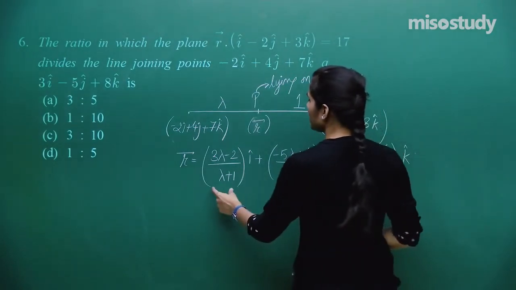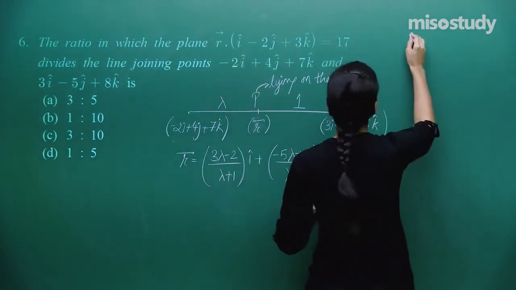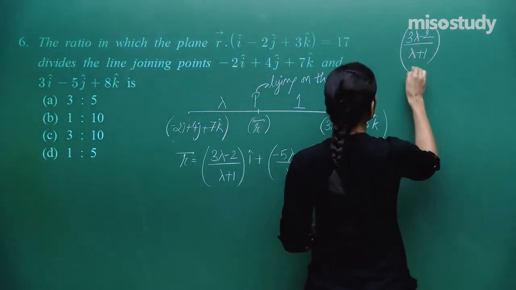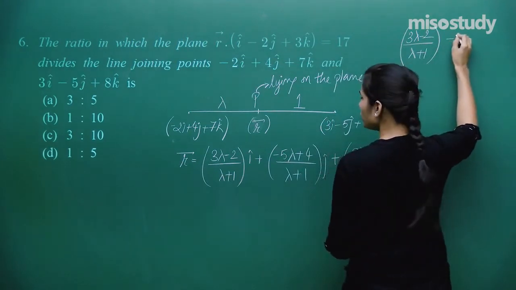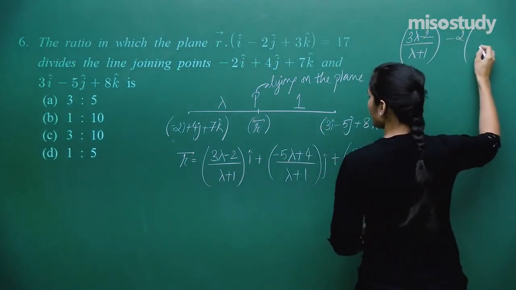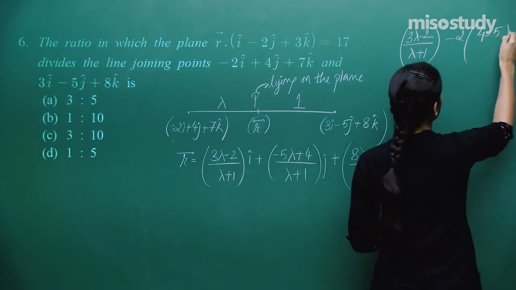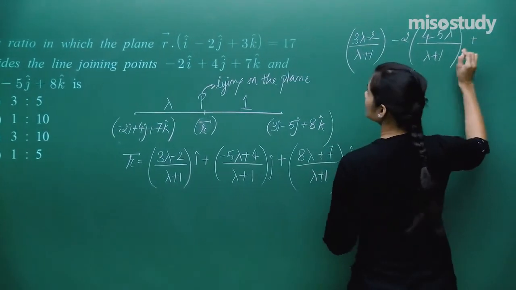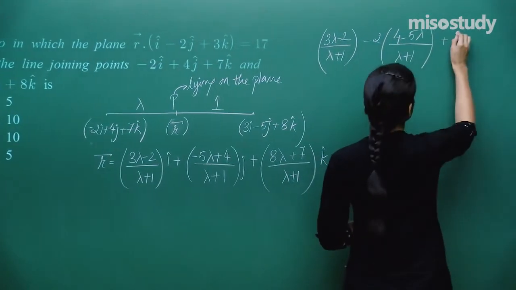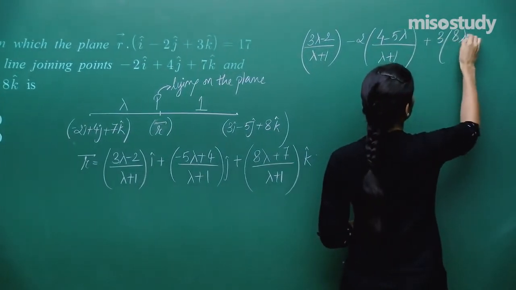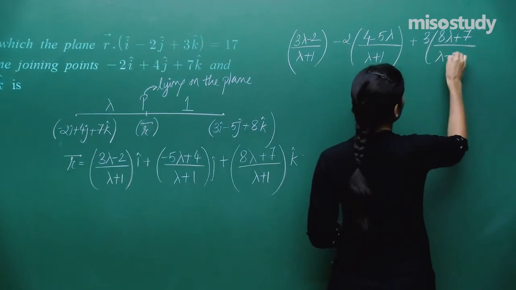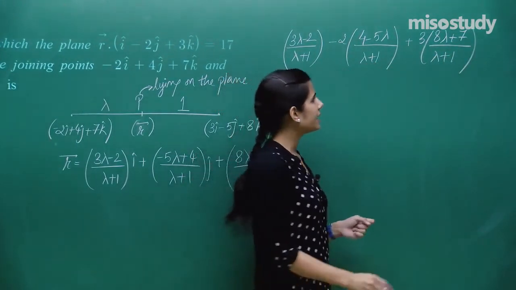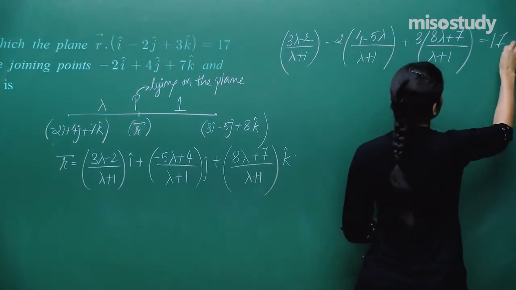Take the dot product: (3 lambda minus 2) upon (lambda plus 1) into 1, minus 2 into (4 minus 5 lambda) upon (lambda plus 1), plus 3 into (8 lambda plus 7) upon (lambda plus 1). So basically this vector is satisfying the equation of the plane, so this is going to come out to be 17.